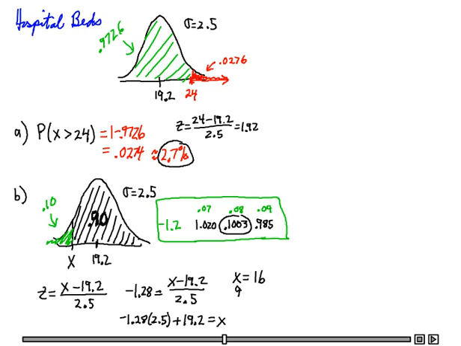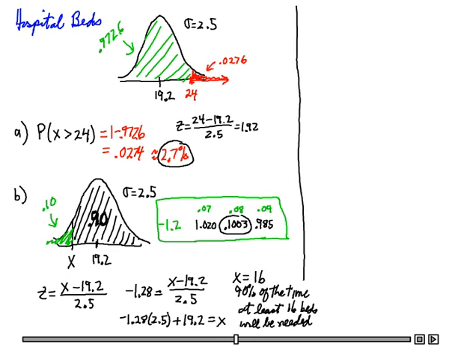So I can say 90% of the time, at least 16 beds will be needed. Now again, that's a very careful understanding of what the problem is wanting. 90% of the time, at least how many beds will be needed.